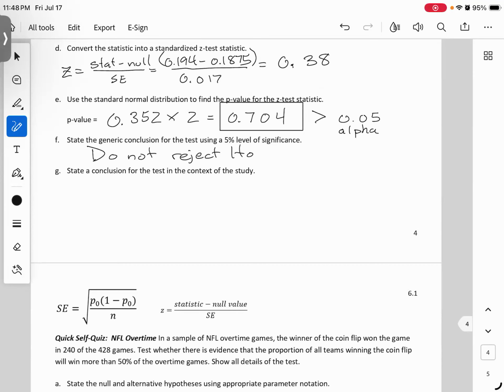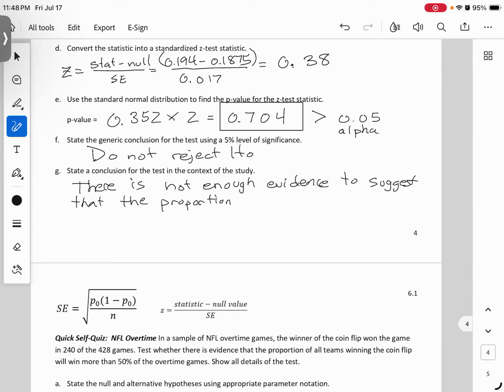There is not enough evidence to suggest or to support that the proportion, and all I'm really doing here is just borrowing the words from what the test was about.